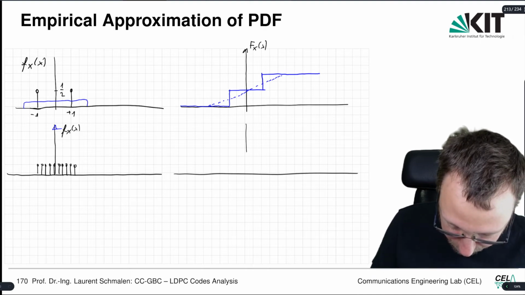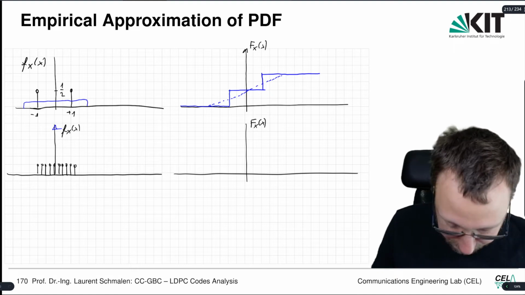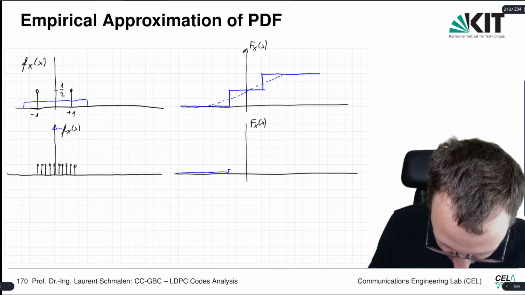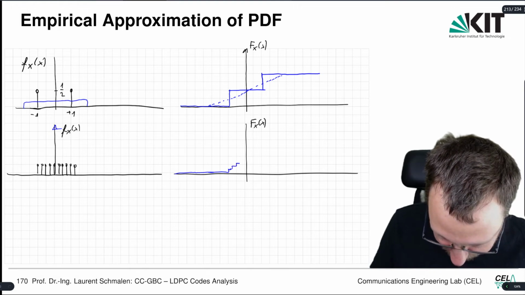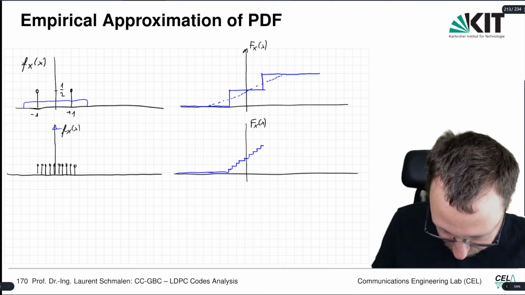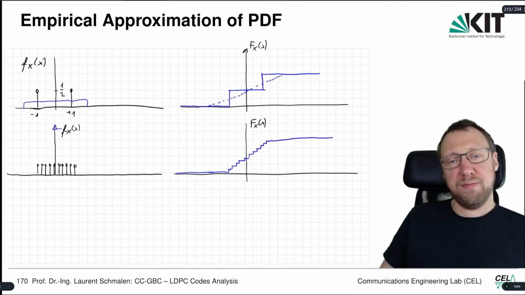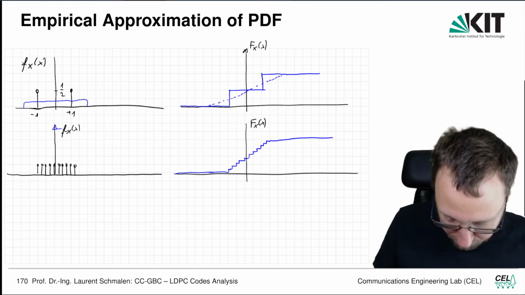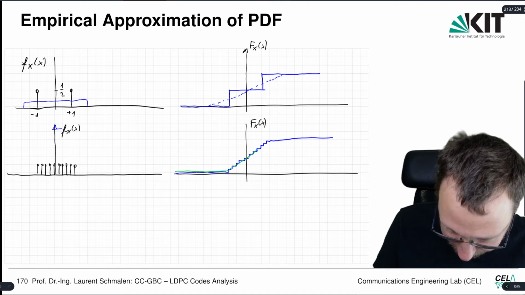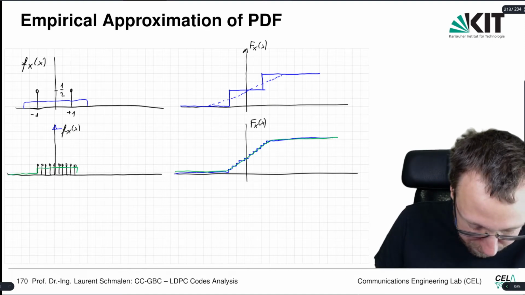And the CDF would look like this: we have these tiny steps, and these steps become smaller and smaller until you reach one. And now, of course, you can approximate this, and I use a different color. You can approximate this by a line, and you get a uniform distribution.